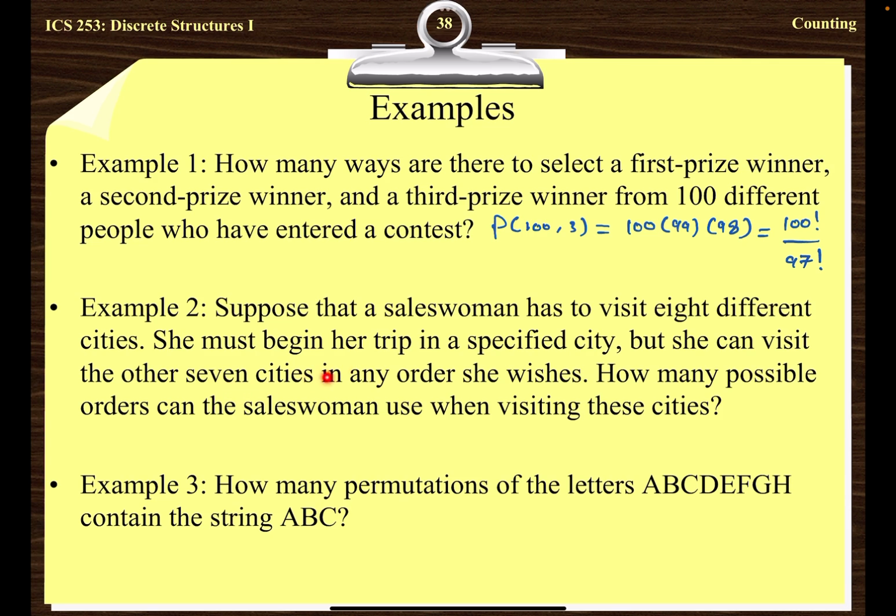Because she has to start from a specified city, so this city doesn't count. For example, it's the city where she lives. Then she has to visit the other 7 in any way she wishes. So the total in this case is going to be 7 factorial.